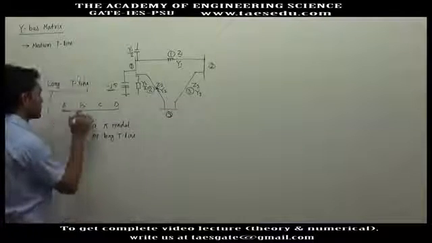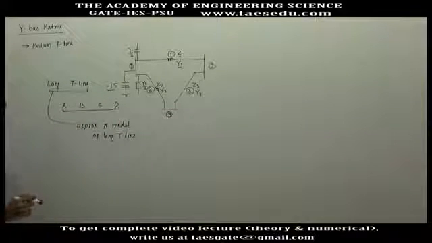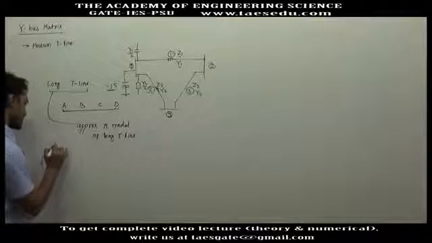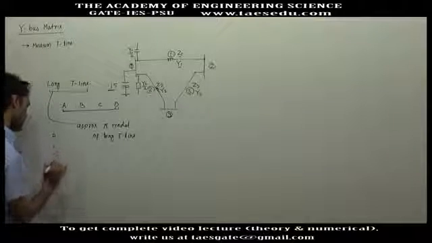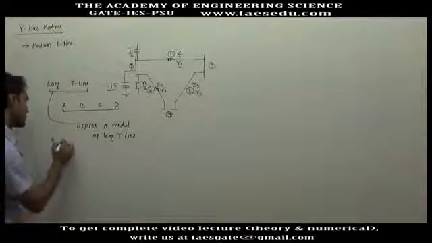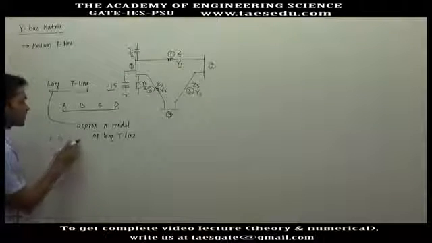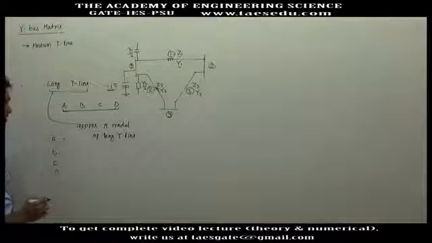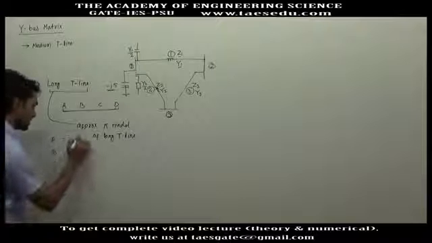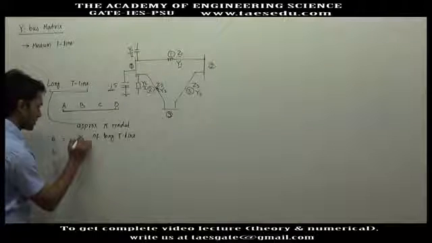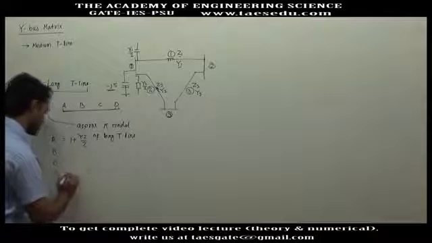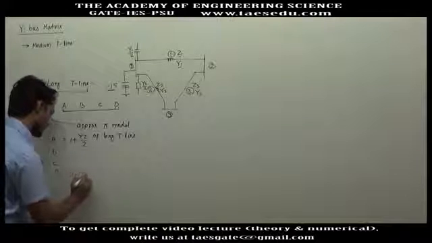So if you are given the ABCD parameters, write the ABCD parameters of the long transmission line and then equate them with the ABCD parameters of the medium transmission line. This will be something like A is 1 plus yz by 2 and D is also 1 plus yz by 2.